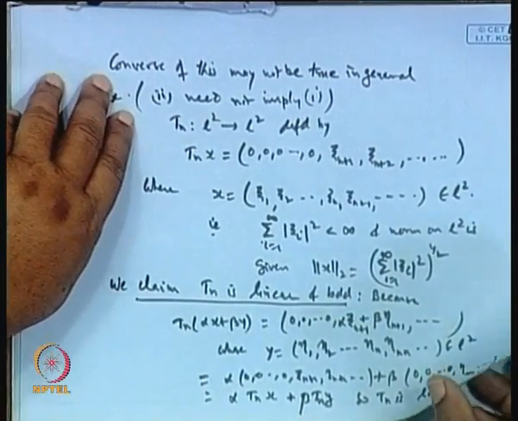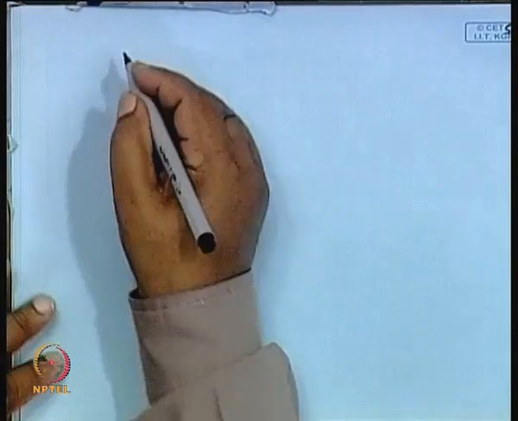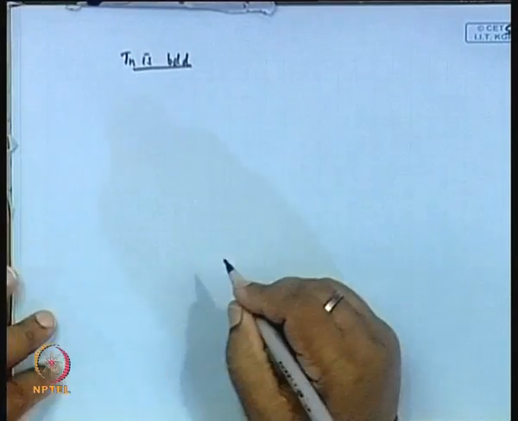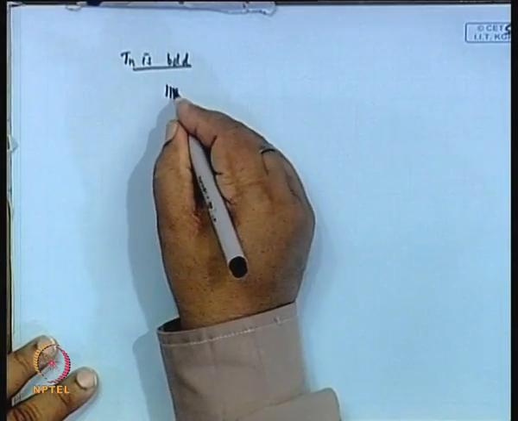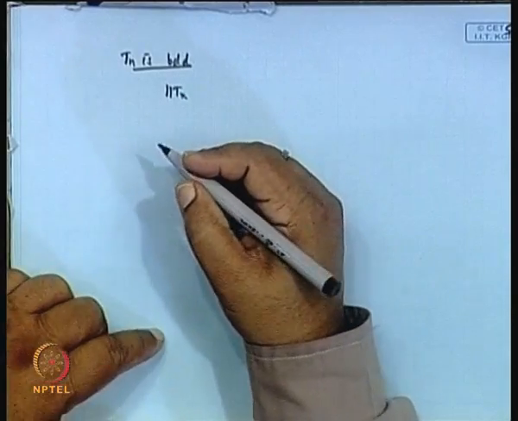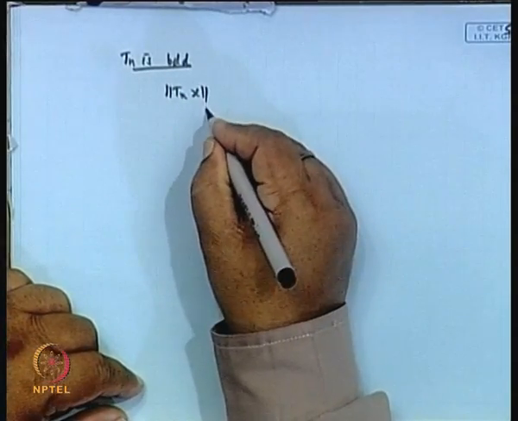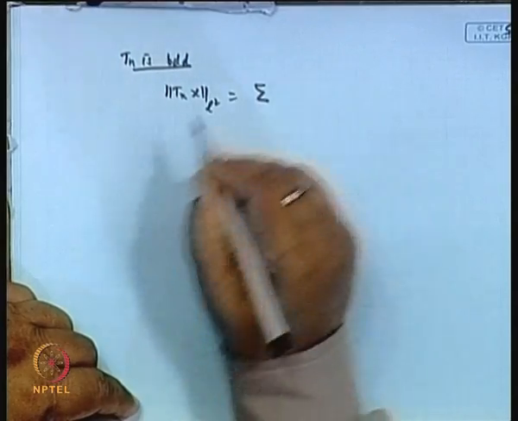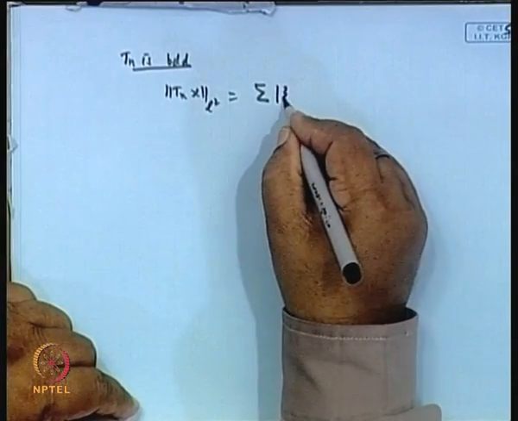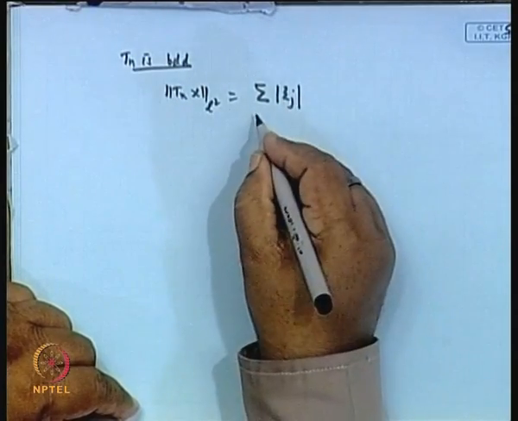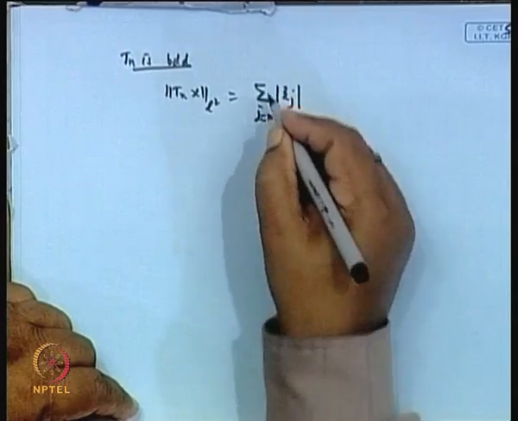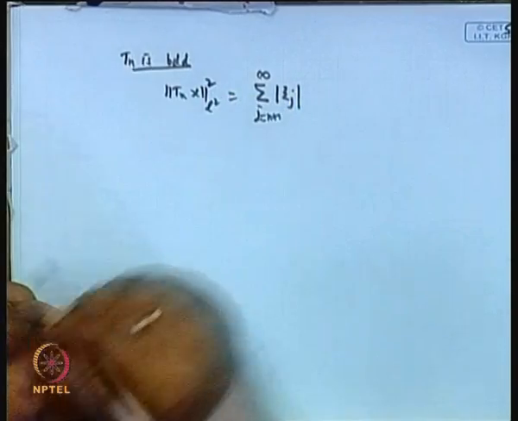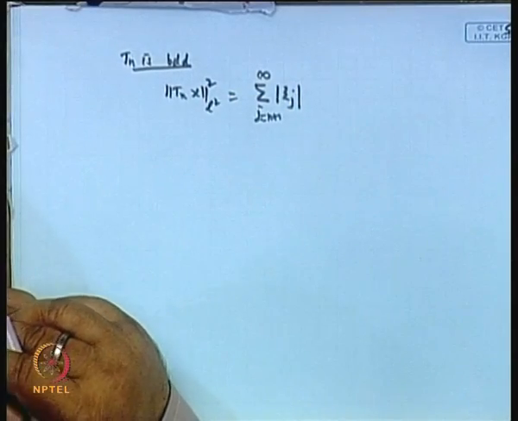Tn is also bounded. Why is it bounded? Because what is the norm of Tn x? This is the norm of L2. By definition, this will be sigma of mod xi j squared, j equal to n plus 1 to infinity, under the square root.